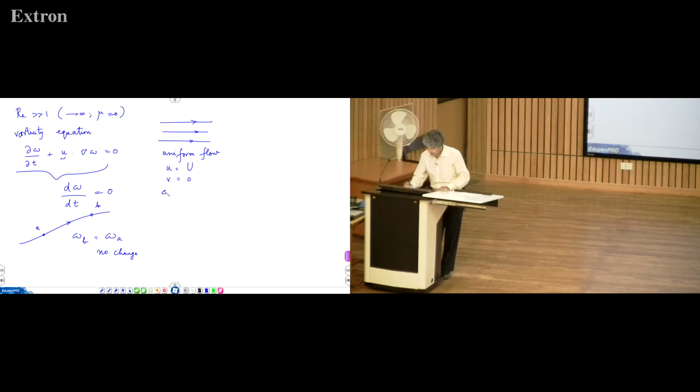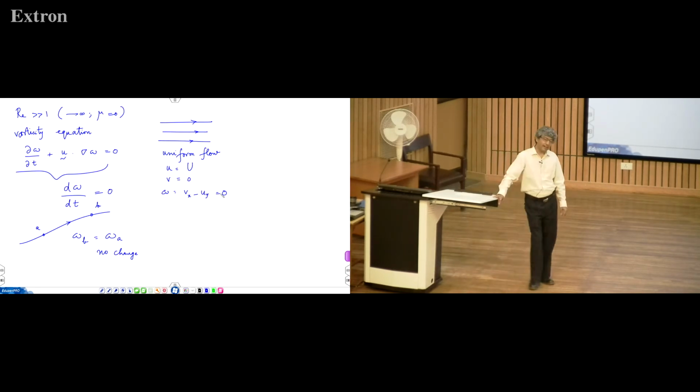So, omega, which is v x minus u y, is equal to 0. And then you also have omega B equal to omega A. So, in a very high Reynolds number flow, you see that the vorticity of a particle is conserved, it is constant. And more specifically, in this uniform flow field, omega is 0.